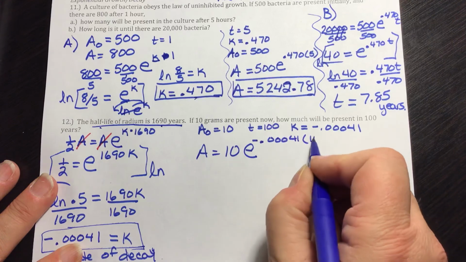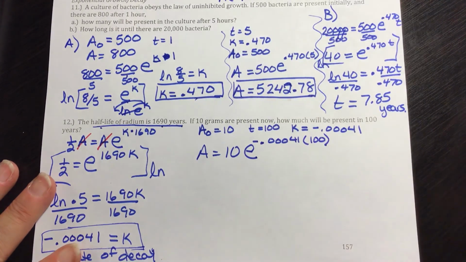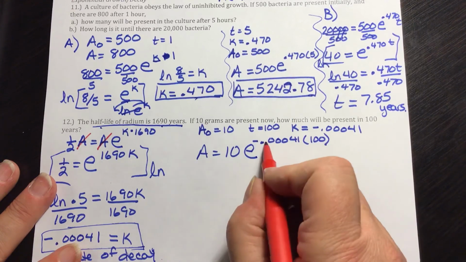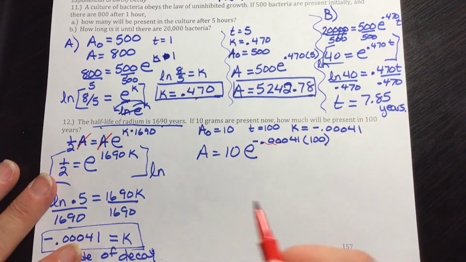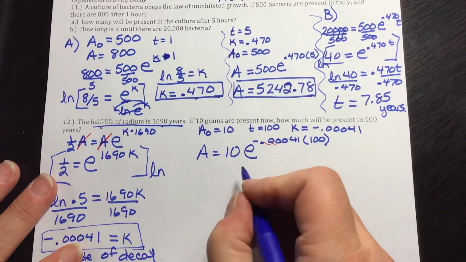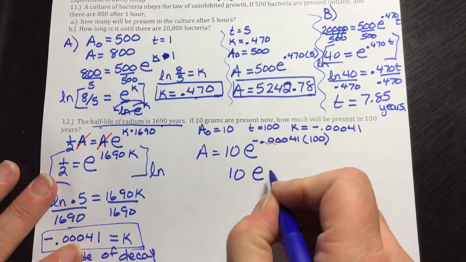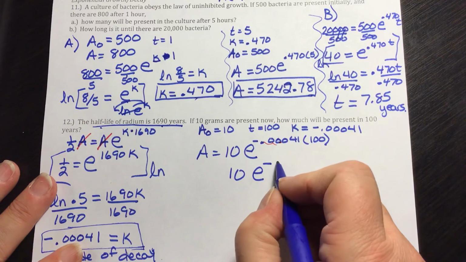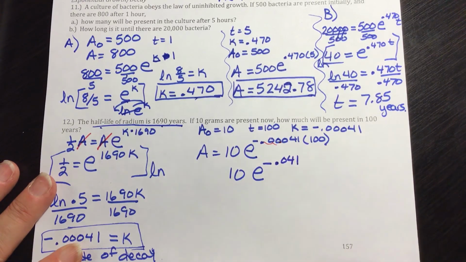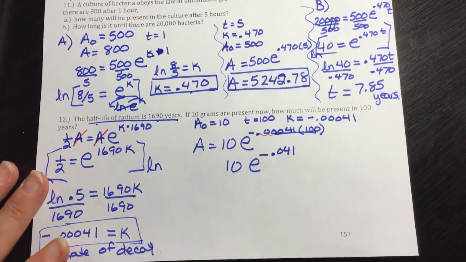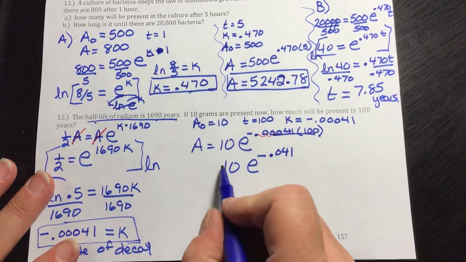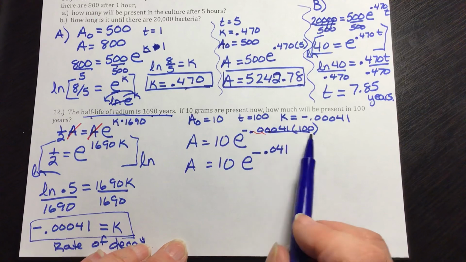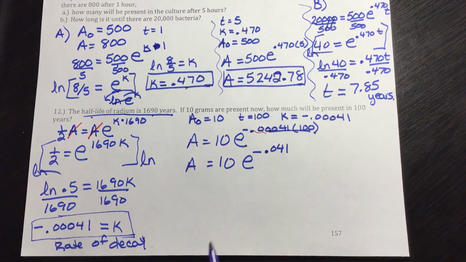So this is negative 0.00041 times 100. And actually, if I multiply these together, this becomes 10 times e to the negative 0.041. I just multiplied these together, but you could have left them separate and multiplied them on the calculator.